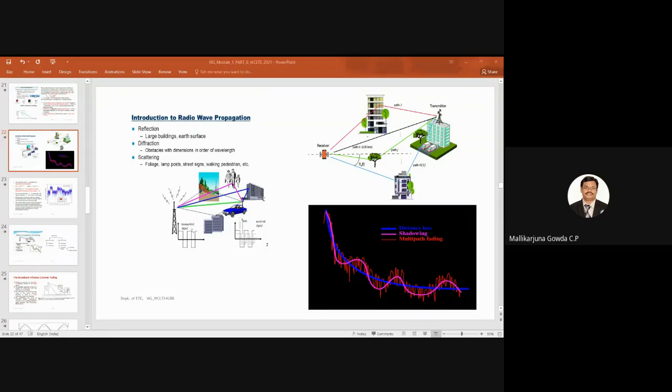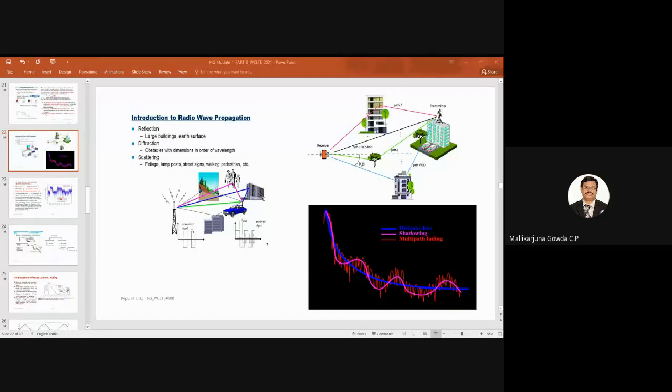Are you able to see this diagram? I am receiving the same signal multiple times at the receiver. That is due to reflection, diffraction, scattering, because it is a wireless channel and so many obstructions will be there between the transmitter and receiver, and it takes multiple paths.